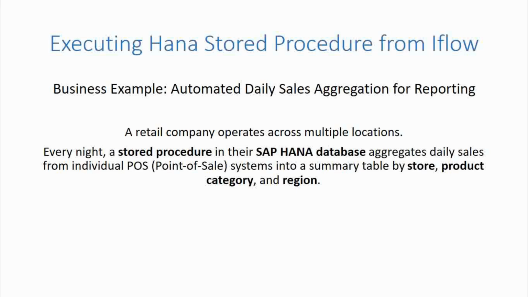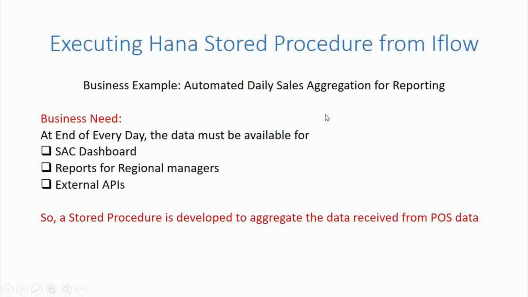Assume that our integration flow is going to push the point of sale data to the HANA system. Once the data is received, this stored procedure has to aggregate the data by store or by product or by region, whatever business logic is required. So this is where the stored procedure comes into the picture. This is the business need.